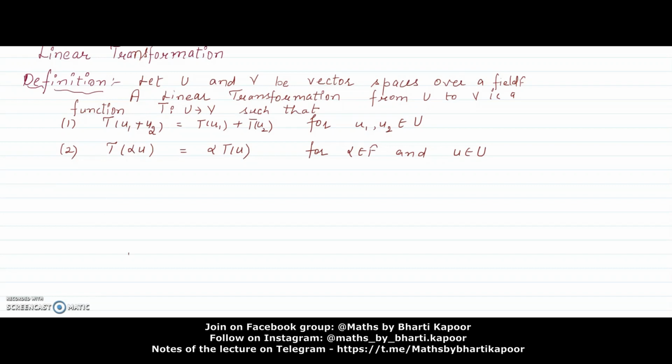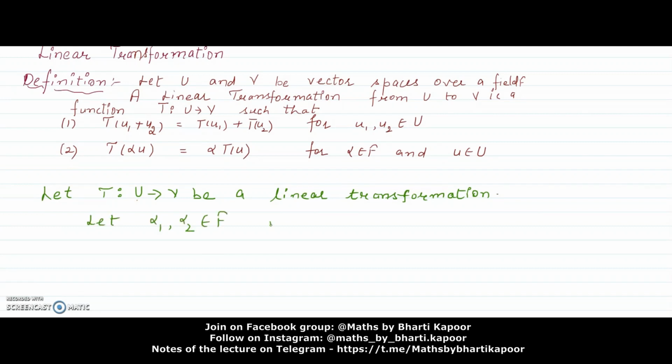Now we will see that conditions 1 and 2 can be combined into a single condition. For that, consider a linear transformation T from U to V, where of course U and V are vector spaces. Let alpha 1 and alpha 2 be two scalars and U1 and U2 be two elements of vector space U. Now alpha 1 U1 and alpha 2 U2 both will belong to U because U is a vector space.